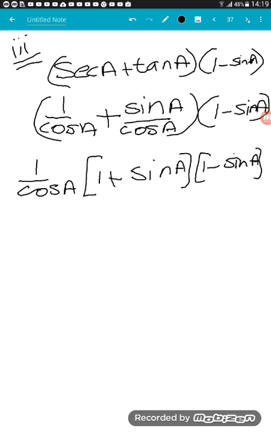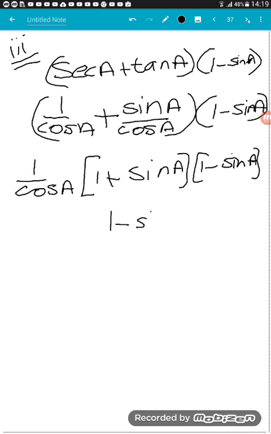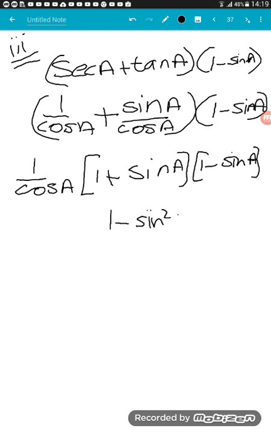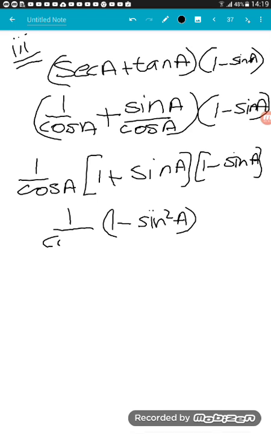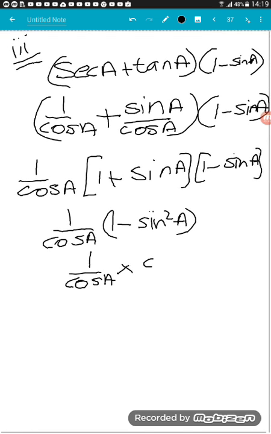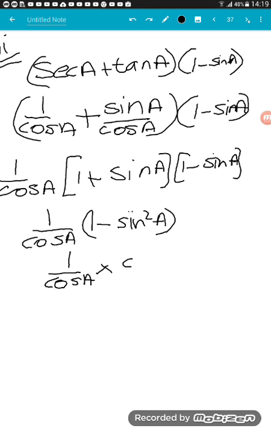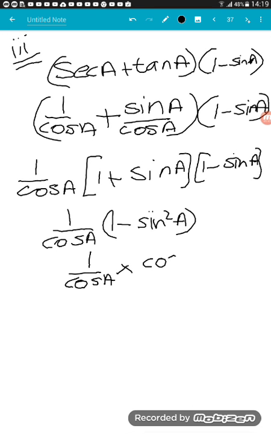So we can write 1 into 1 is same as 1, so we can write it as 1 minus sin square a, 1 by cos a. 1 by cos a into 1 minus sin square is nothing but cos square a. Cancelling, cos a. So it is option number D.